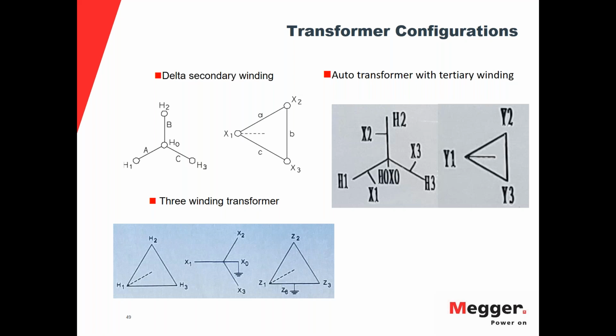And then we have the 3-winding transformer, where we have a delta on the tertiary, delta on the high, and a Y on the low side. So again, all transformers have some form of voltage dependence. It just depends on the configuration, whether it's going to be slightly higher, and it may affect your ratio result.